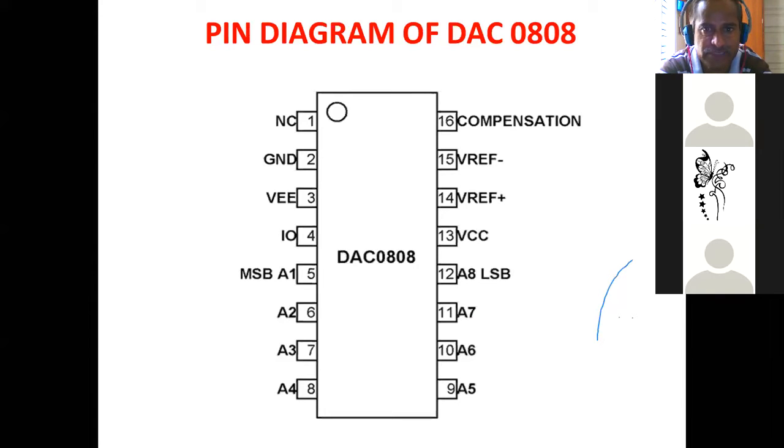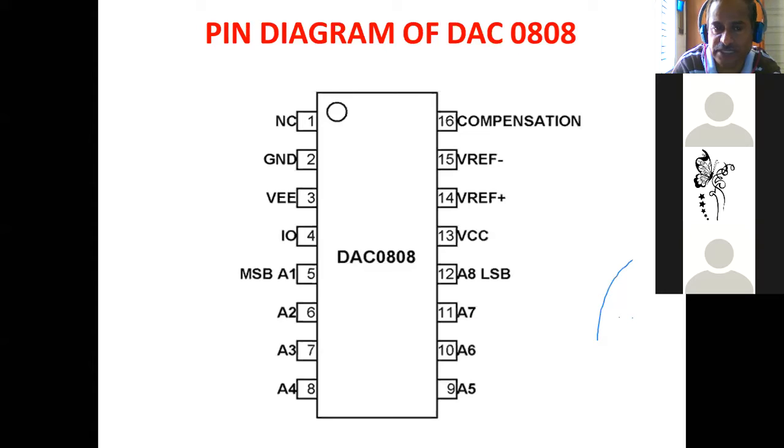And pin number 16 is called the compensation pin. It means, suppose we apply A1 to A8 all inputs as 0, 0, 0, 0. We require to get 0 output current, because we have applied 0 input. We must get output current as 0.